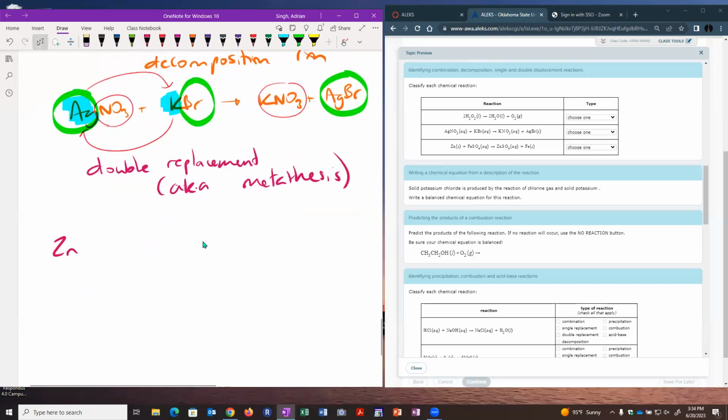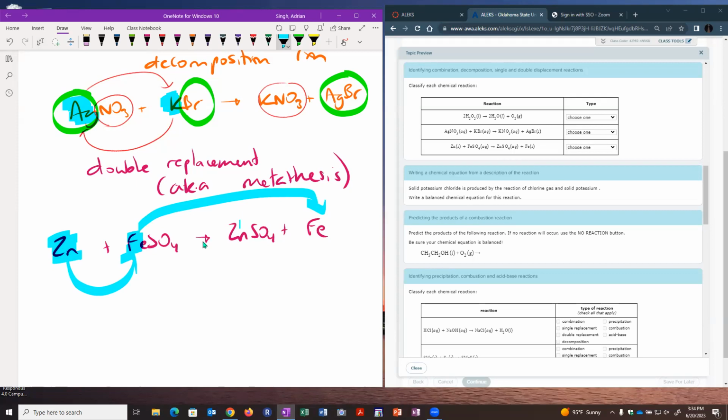And the third one, we have zinc and FeSO4 to produce zinc sulfate and Fe. So here what's happening, we have the zinc and the iron. The zinc comes in, kicks out the iron, so the iron now is by itself, and the zinc takes the place of the iron to give the zinc sulfate.